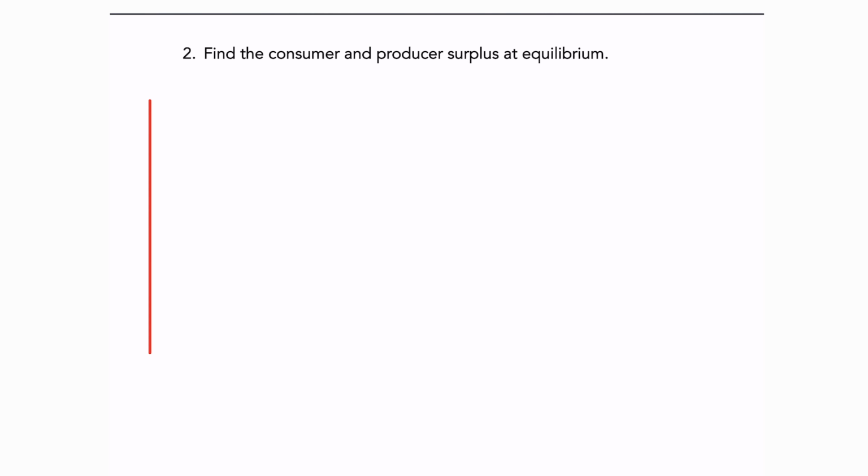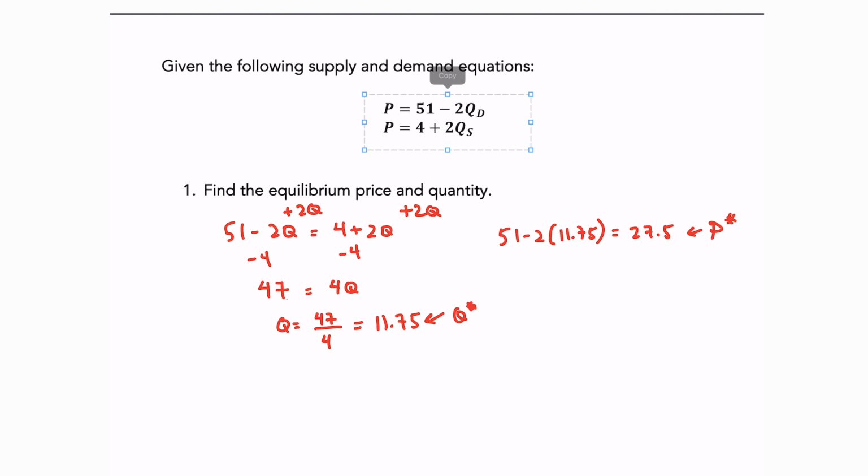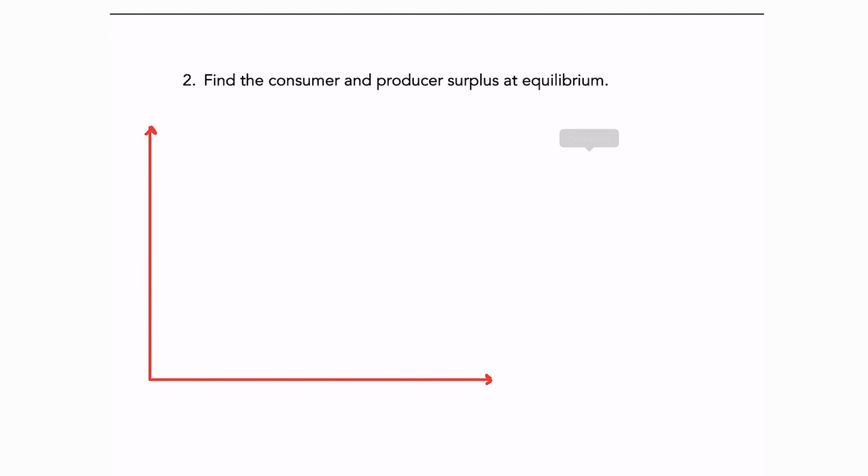For this, I would suggest sketching out the supply and demand equations just to see it. The demand equation is 51 minus 2q.